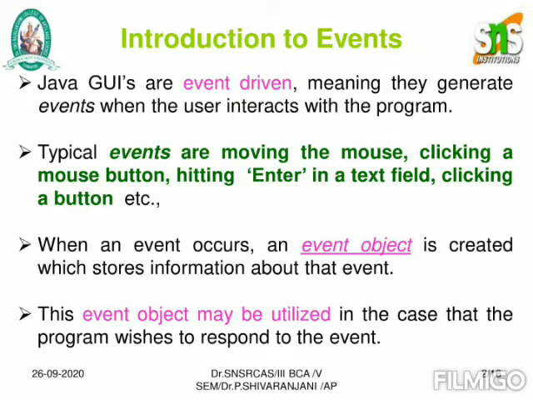When an event occurs, an event object is created, which stores the information about the event: what kind of event occurred, whether it was done with a keyboard or with the mouse. This event object is utilized when the program wishes to respond to the particular event.